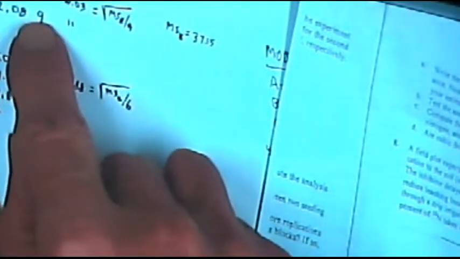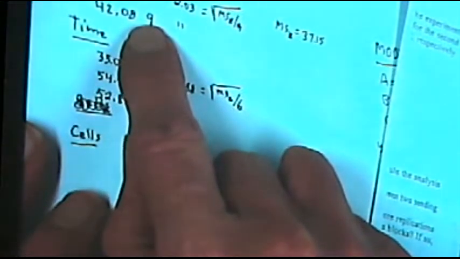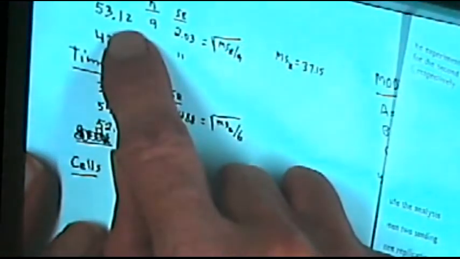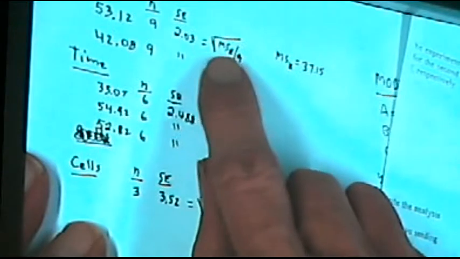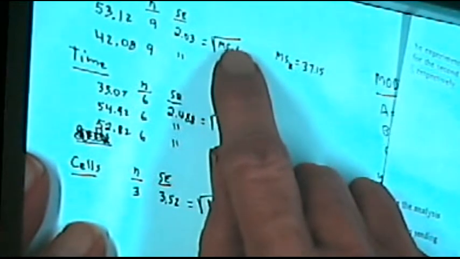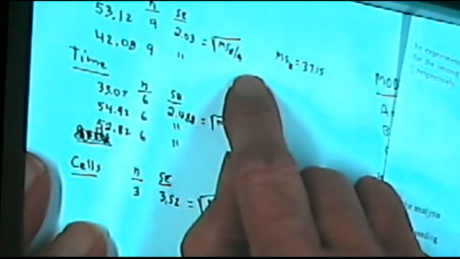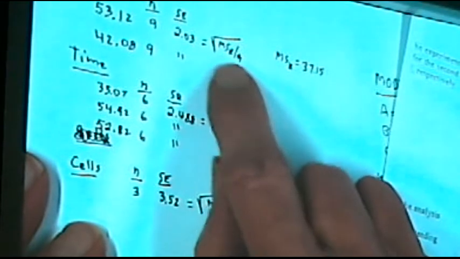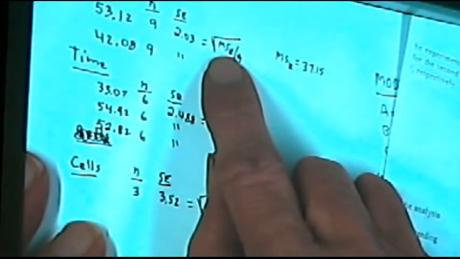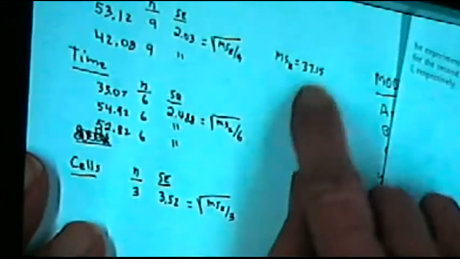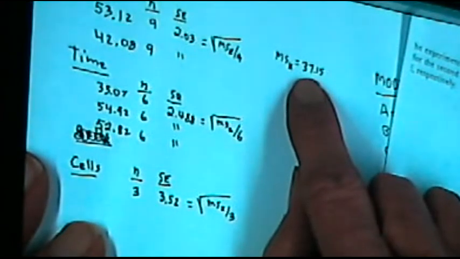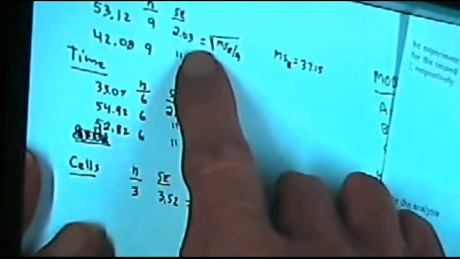There were 9 observations in each group, and the standard error for a mean is the standard formula, the square root of mean square error over sample size, which would be 9. So I had to go back and find the mean square error. And I looked in the output, and the mean square error was 37.15. So I plugged that in there, and you get an answer, 2.03.